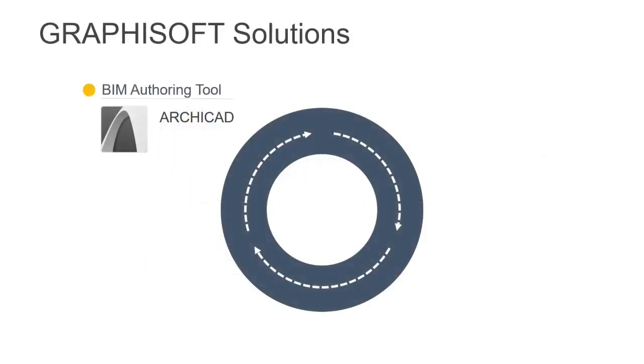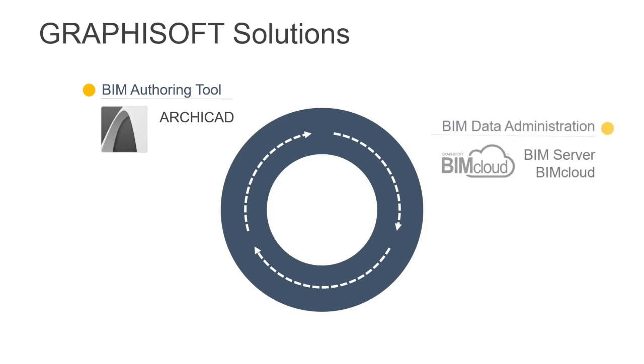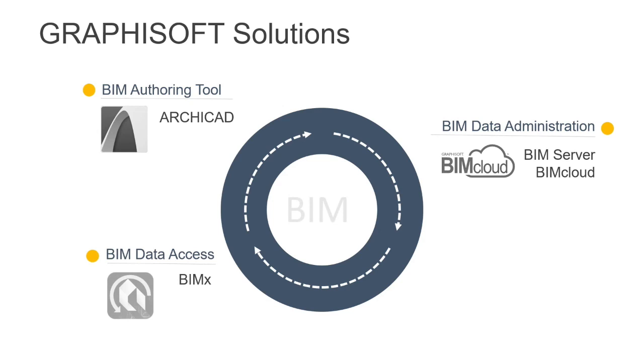So we have ARCHICAD, our BIM application, and because architects and designers and engineers need to collaborate with each other, we also offer BIM Cloud and the BIM Server as a collaboration solution. And last but not least, we have BIMx, our award-winning mobile 3D viewer with which everyone, even non-professionals, can view ARCHICAD BIM models on the go.